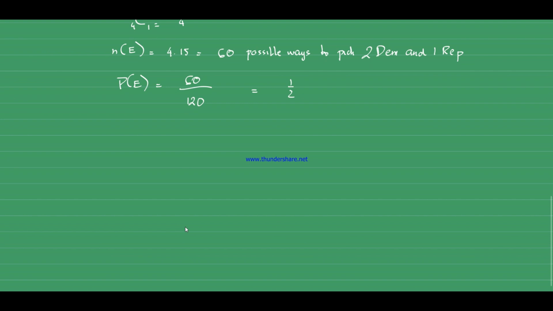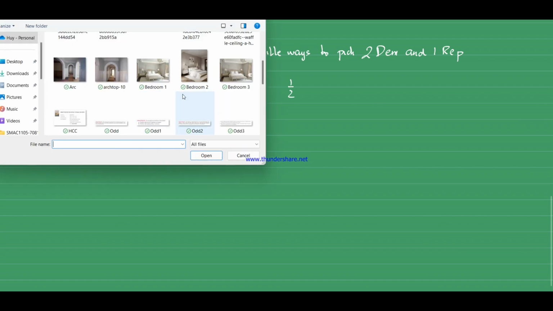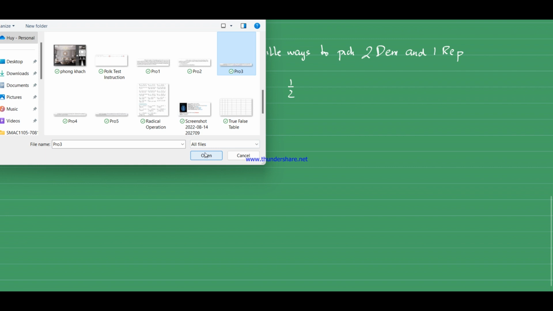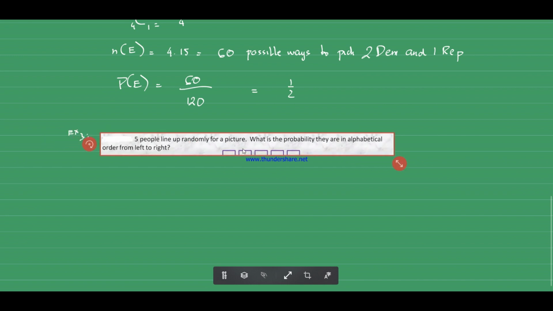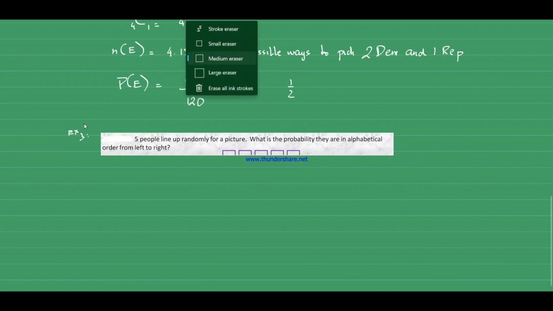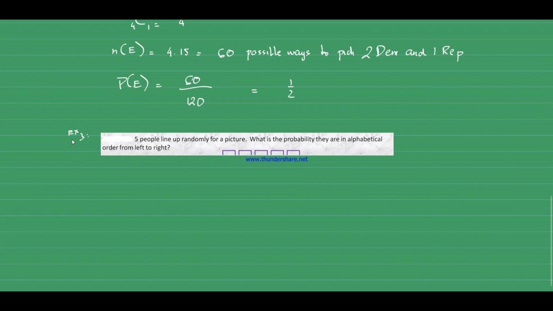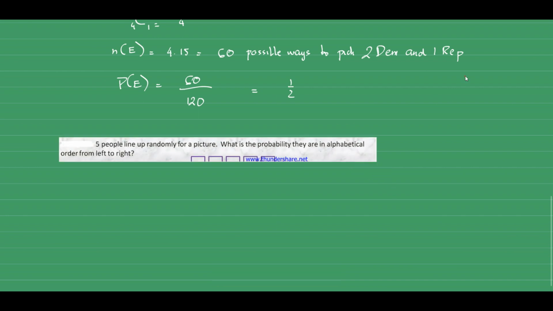All right. Example number 3. Five people line up randomly for a picture.